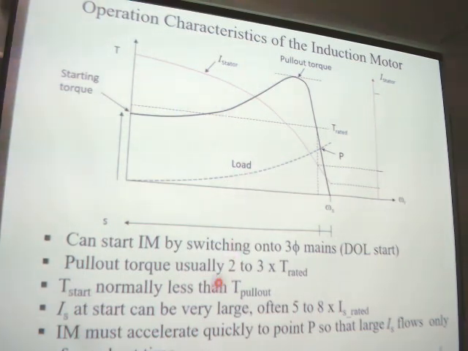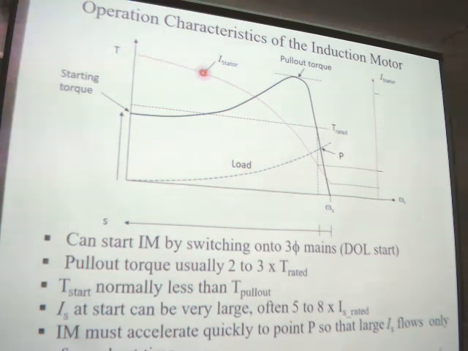And here the maximum torque is about 2 or 3 times the rated torque. Maybe it can be equal if you see this red line. The maximum torque is also the starting torque.